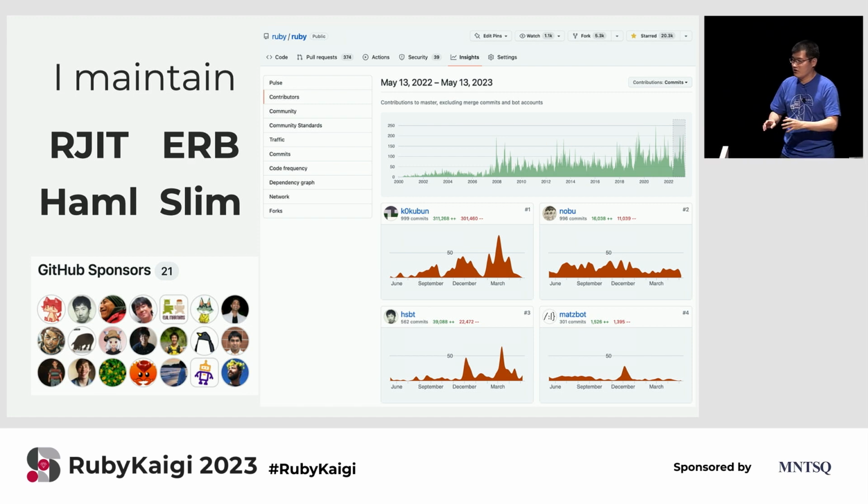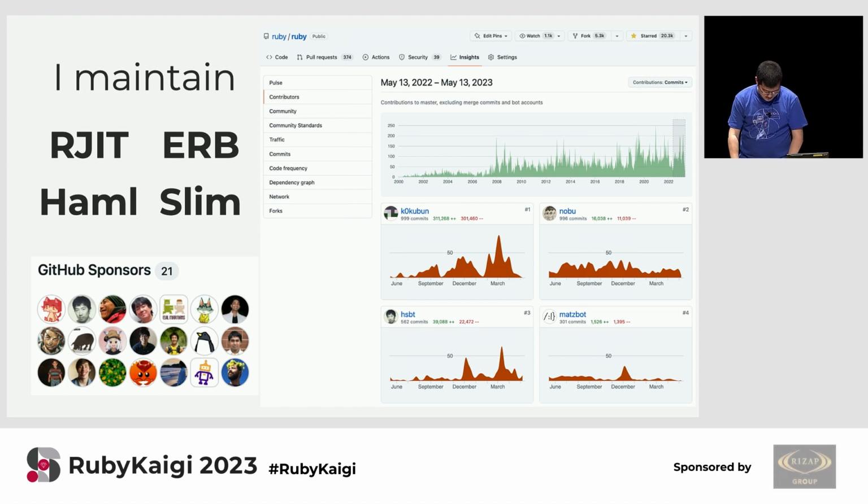All of these non-JIT projects are supported by GitHub Sponsors, so thank you for supporting me. Also, in the last year, I've been almost as active as Nobu, the so-called patch monster. I made 999 commits in the last year, and he made 996. So maybe I'm now a JIT monster.